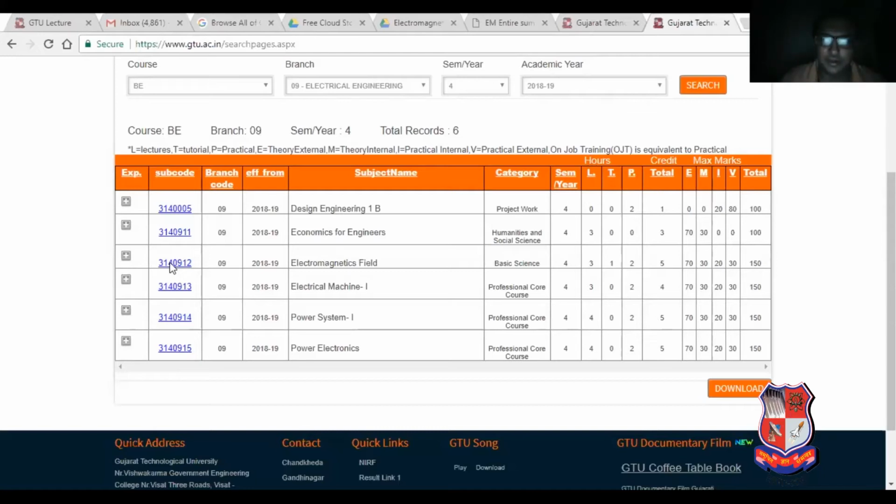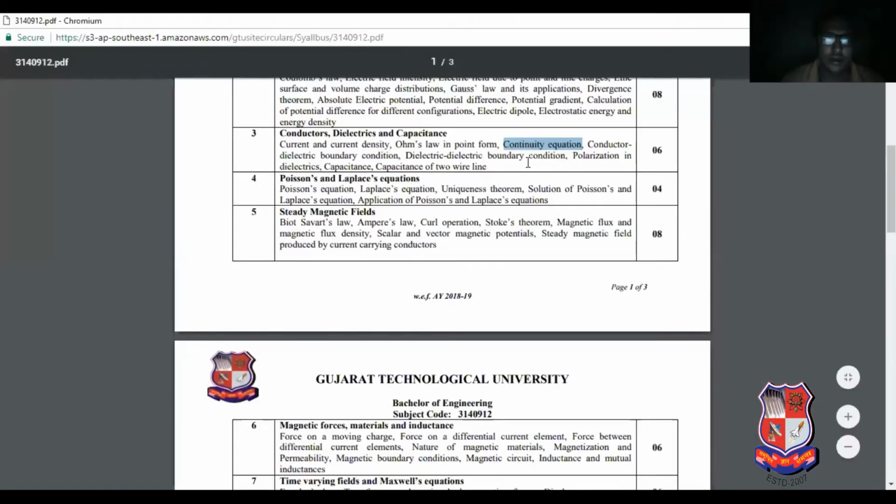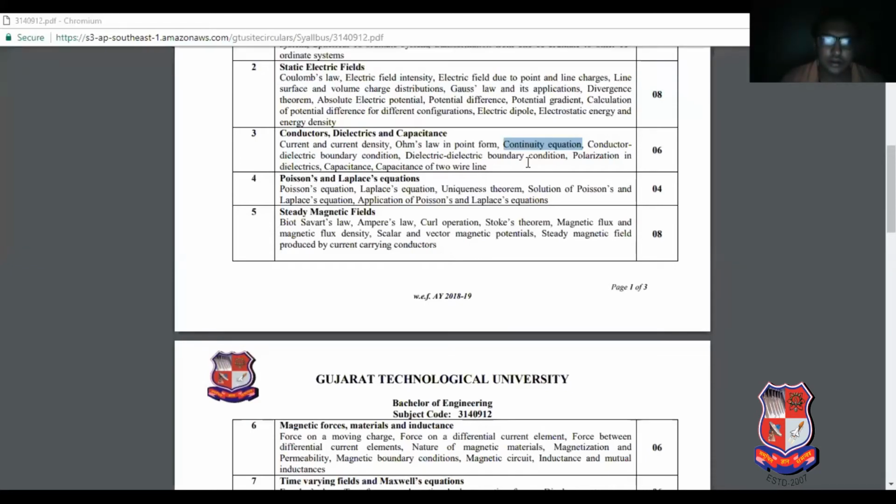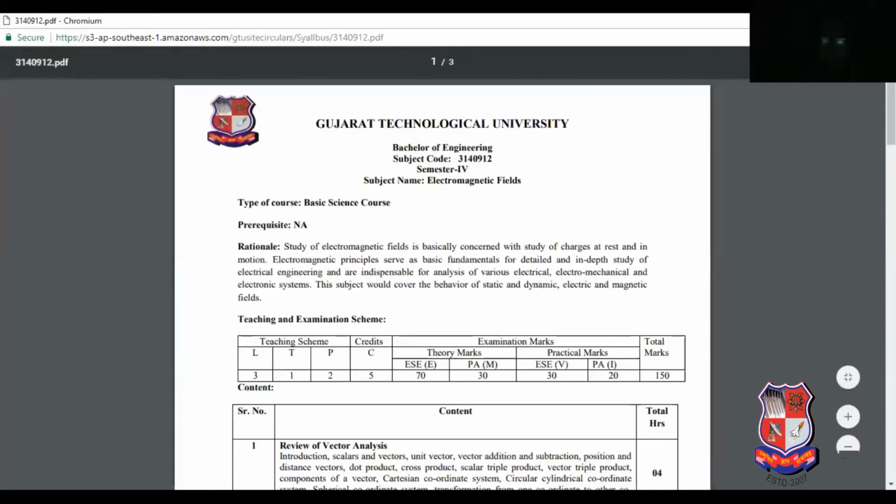So we try to concentrate here. Continuity equation. I have derived this.